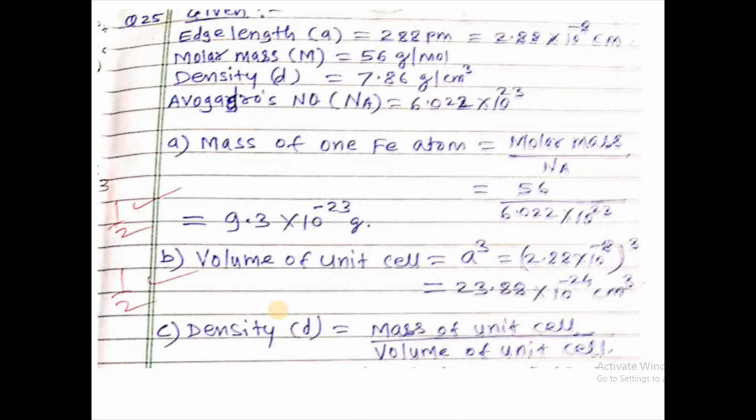You can write 288 into 10 raised to minus 10 centimeter or 2.88 into 10 raised to minus 8 centimeter, raised to 3, because volume of unit cell is equal to a cube, and the volume will be 23.88 into 10 raised to minus 24 centimeter cube, and density is also given, 7.86 gram per centimeter cube.